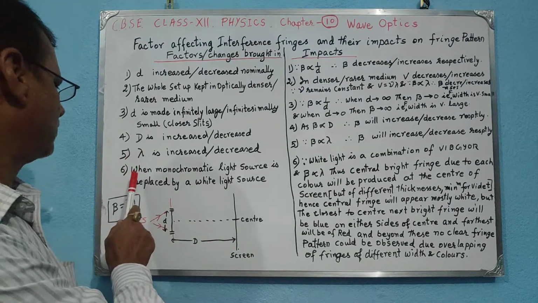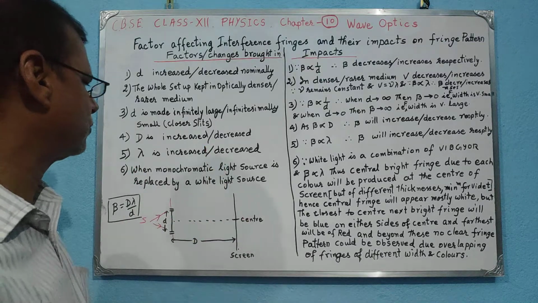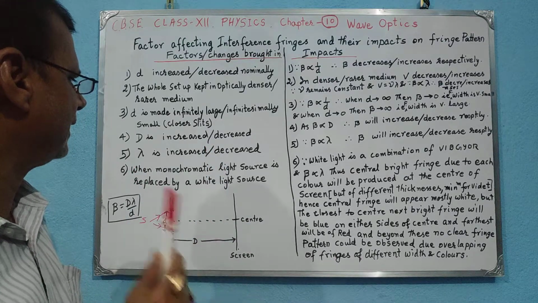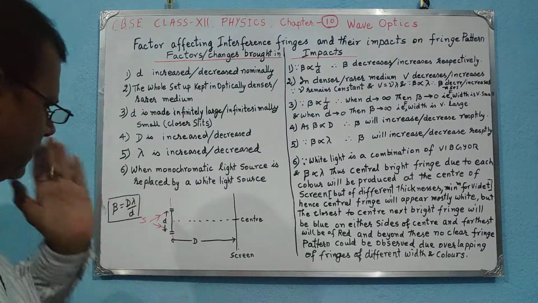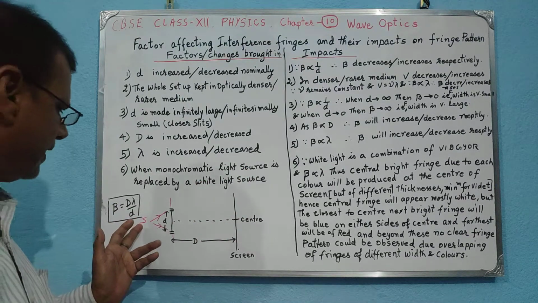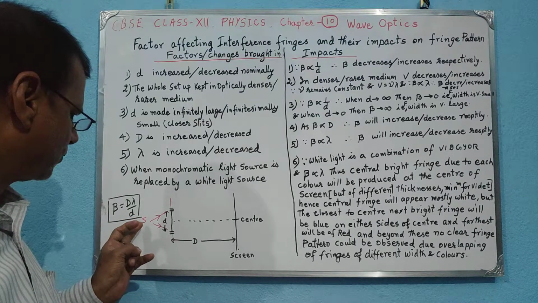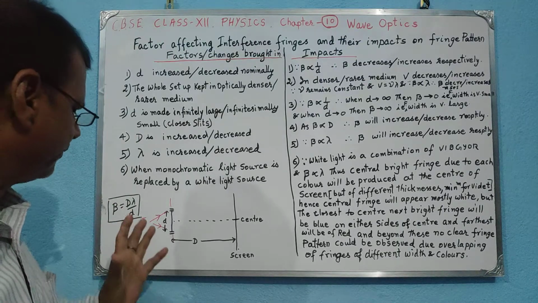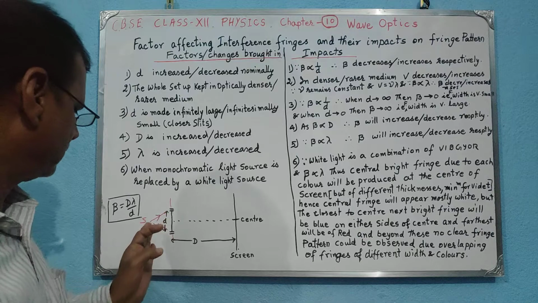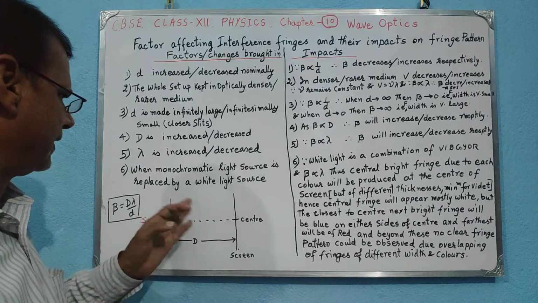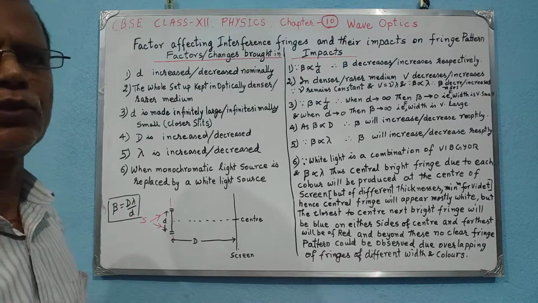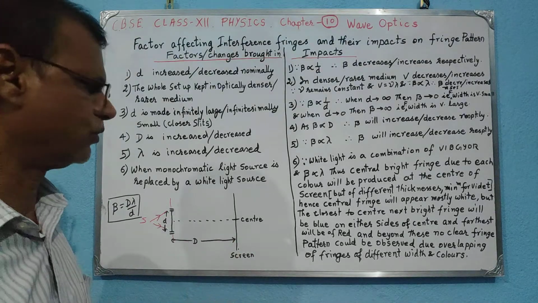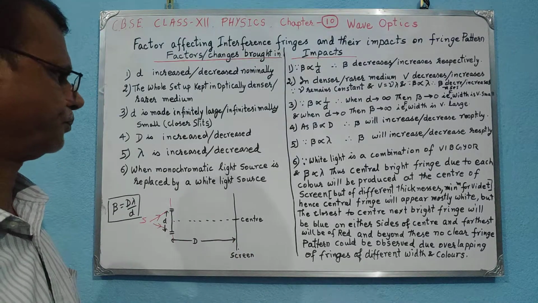Now we talk about the last topic, when the monochromatic source of light is replaced by a white light source. Meaning if the source of light which we have used was monochromatic, instead of that we are using a white light source, then what will happen?